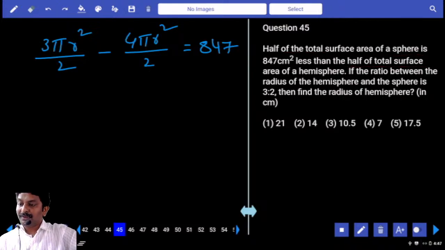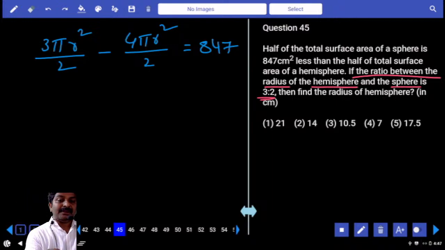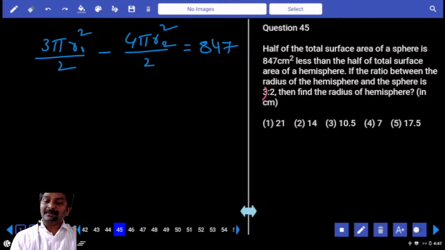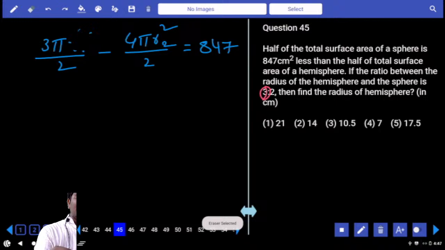Continue. If the ratio between radius of hemisphere and then sphere is 3:2, that means it has to be R1, it has to be R2. Hemisphere, first one, how many parts we have? R1 is equal to 3 parts, but we have R1 square. How much is that? 9p square.